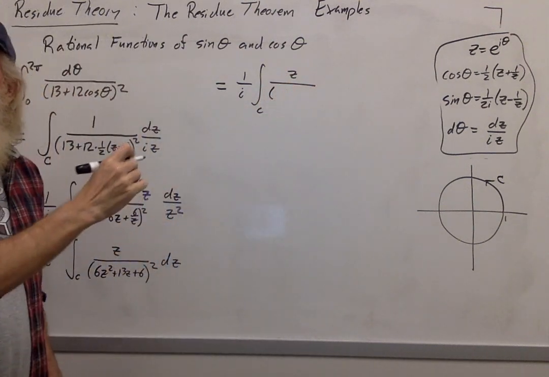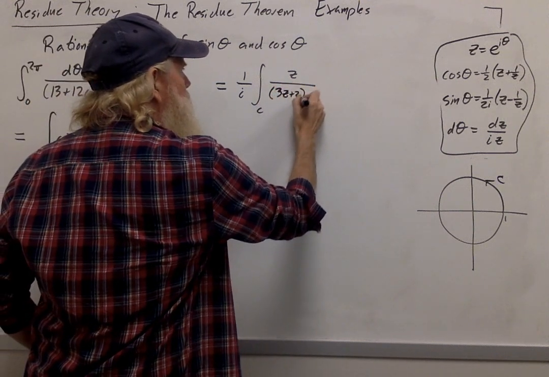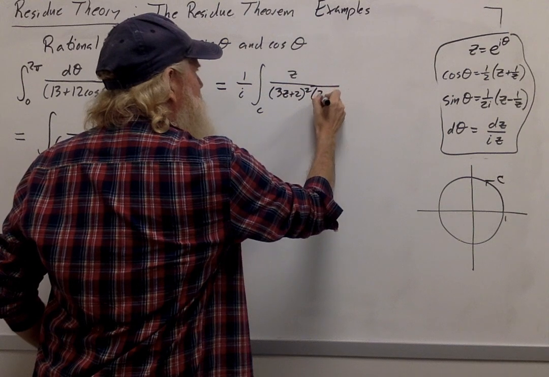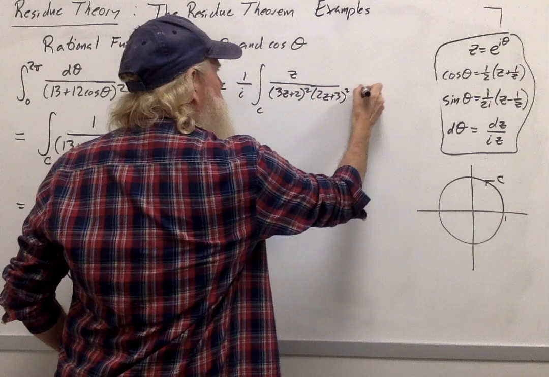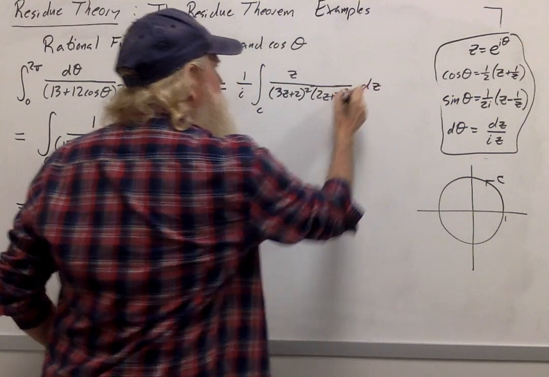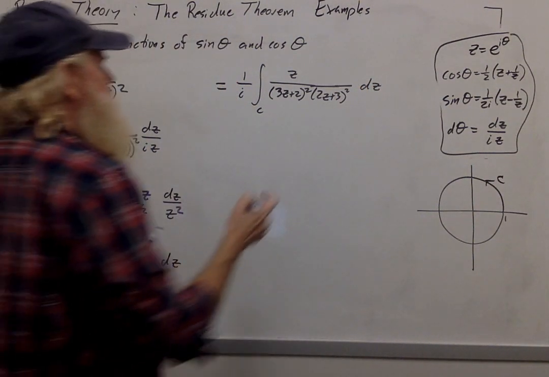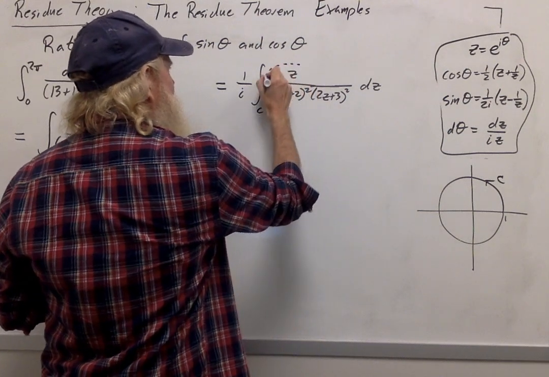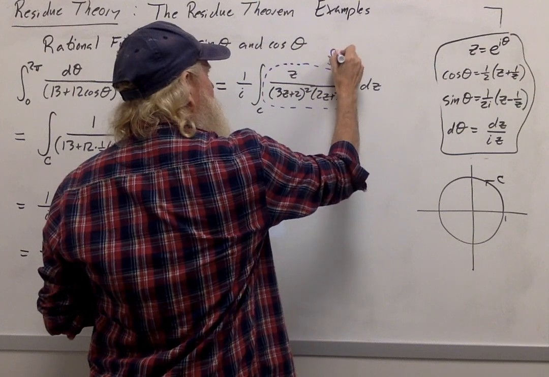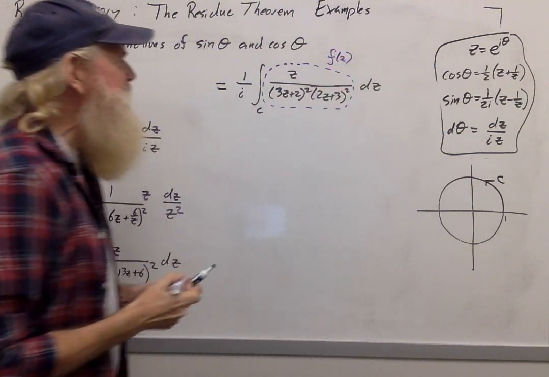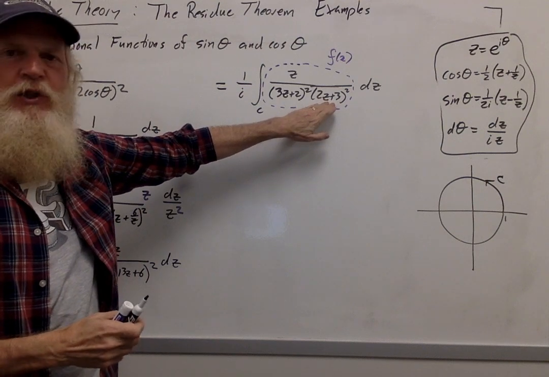It factors as (3z + 2) times (2z + 3). So in this problem, our function f is going to be z over (3z + 2) squared times (2z + 3) squared.